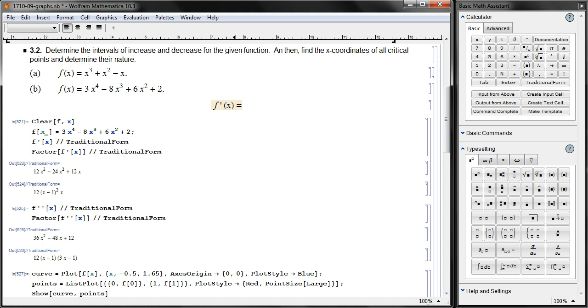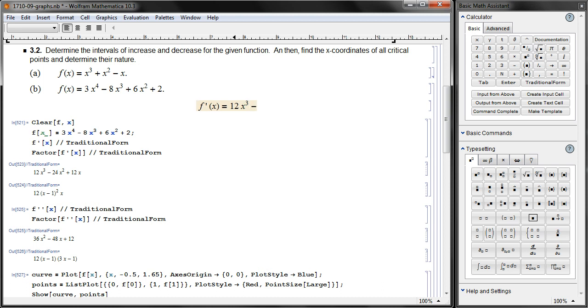So take the derivative. What is it? 12x to the 3rd power, isn't it? Minus 24x squared, equal to 0. Is that right? No, squared. So 12x can come out.